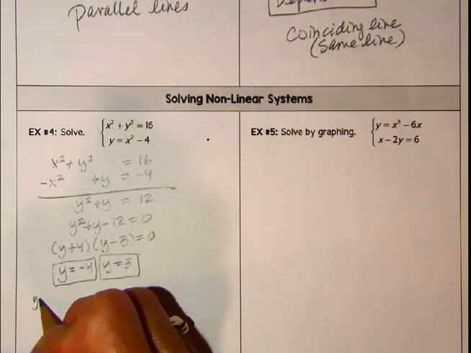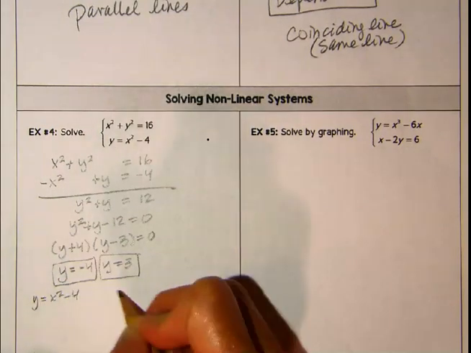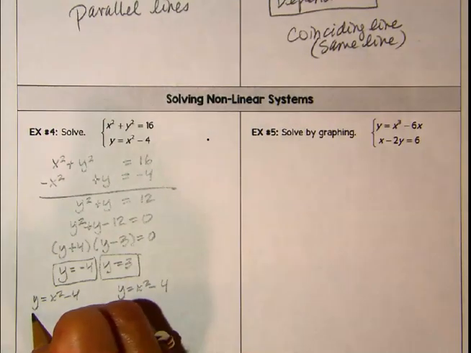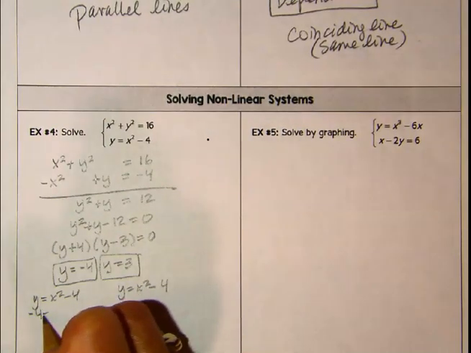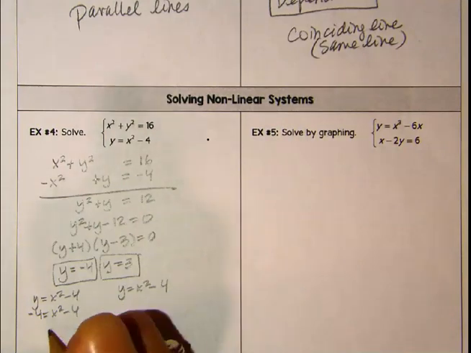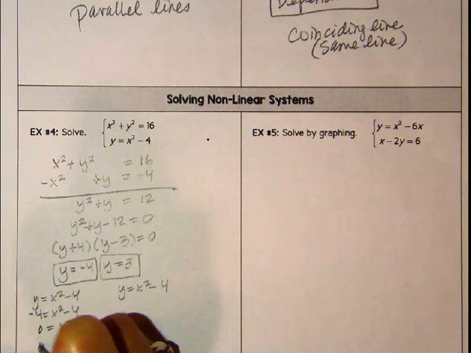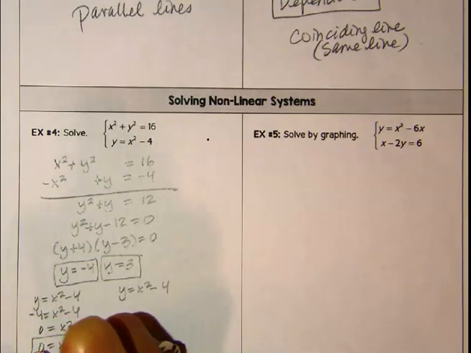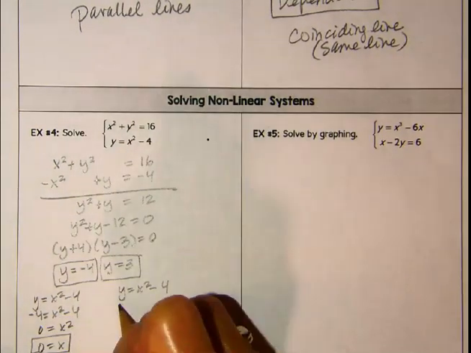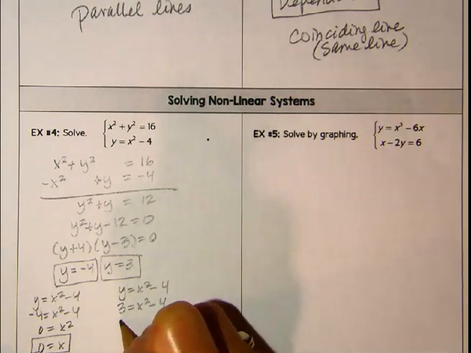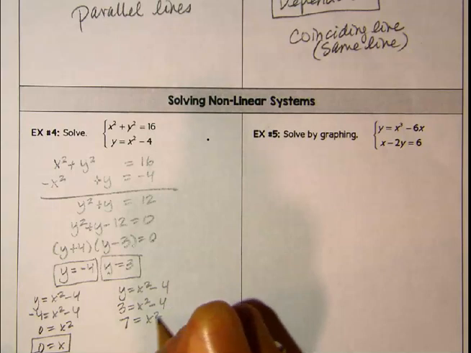I'm going to go to that bottom equation just because that top one kind of looks a little more difficult. If I plug in -4 for y and I solve here, that's going to give me 0 equal to x squared, so x is 0. Oops. Here, if I plug in 3 for y, that gives me 7 equals x squared.